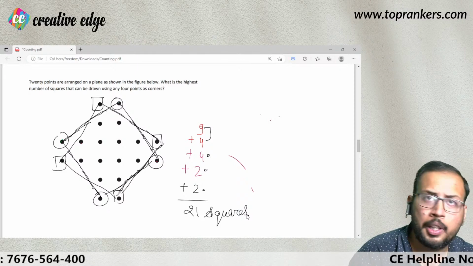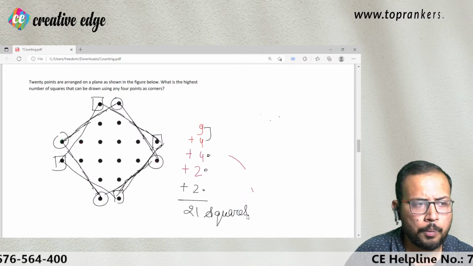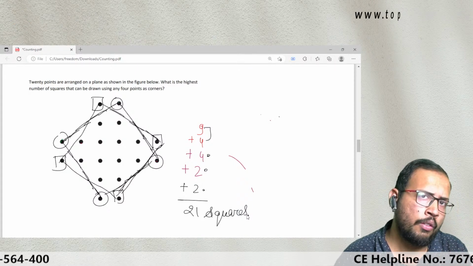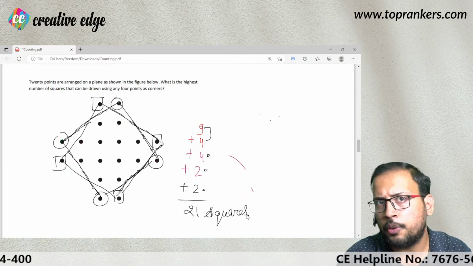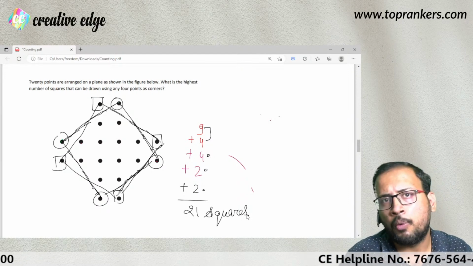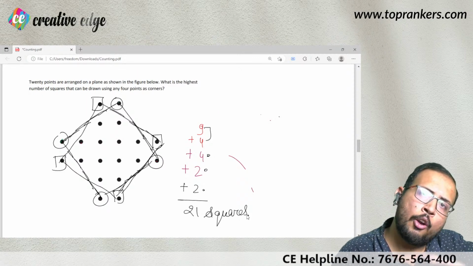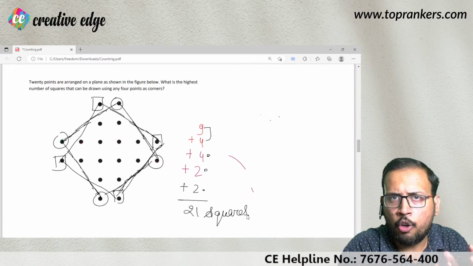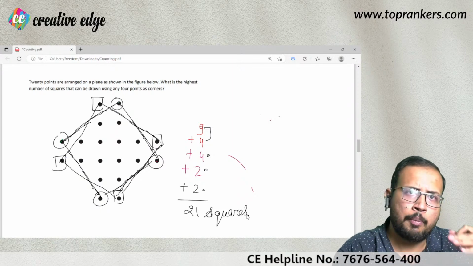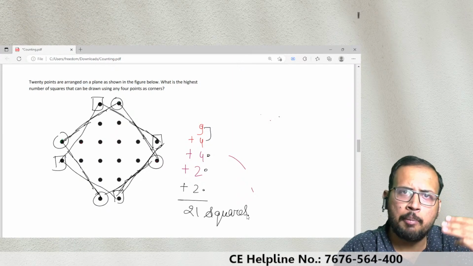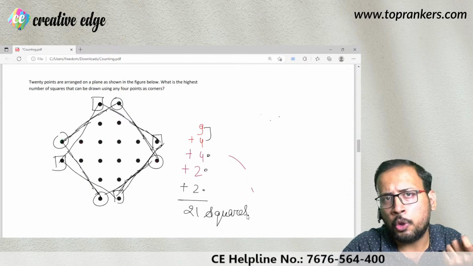21 squares you can draw. I know such type of question requires a lot of attention, a lot of concentration. So while attempting such type of question, you should ensure that you're not taking a lot of time. This type of question I call it a B category question. There are three categories: A category, B category, C category. A category are something that you should always attempt.